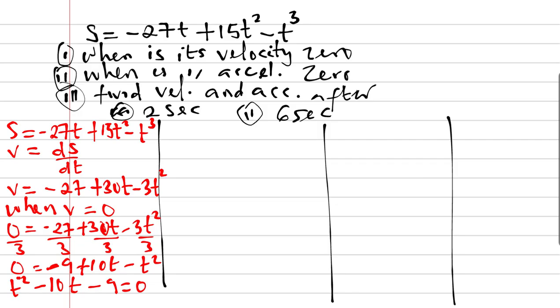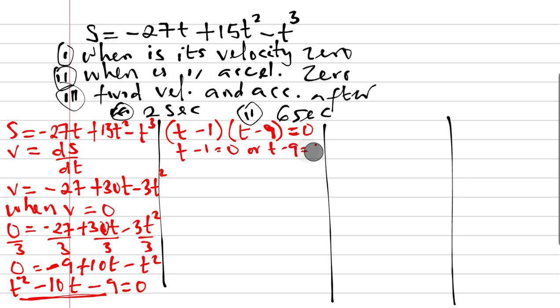If you factorize t squared minus 10t minus 9 using the factorization method, and if you don't know factorization, you can check my video on quadratic equation factorization method, you are going to have t minus 1, t minus 9 equal to 0. So t minus 1 equal to 0, or t minus 9 equal to 0.